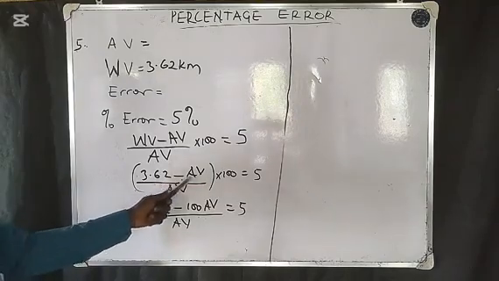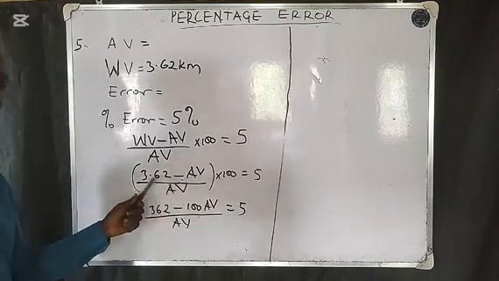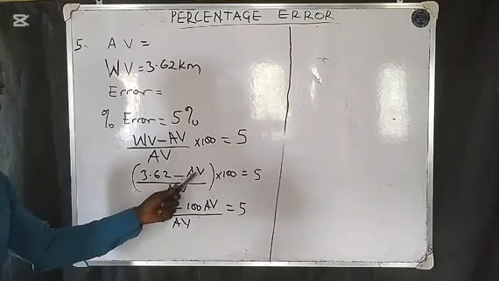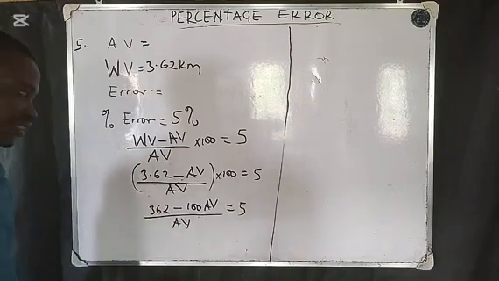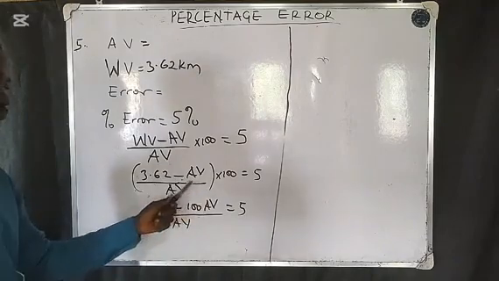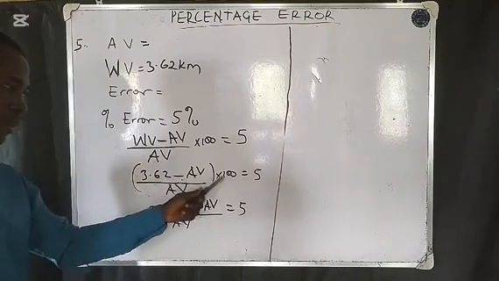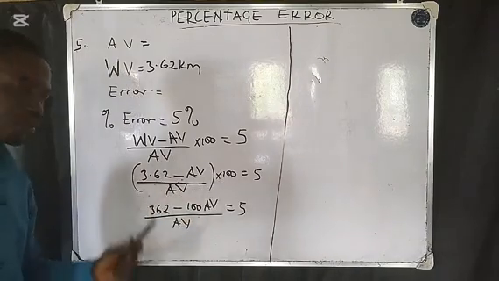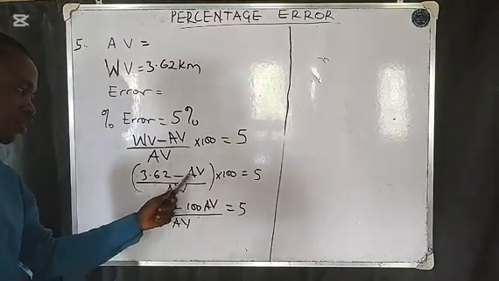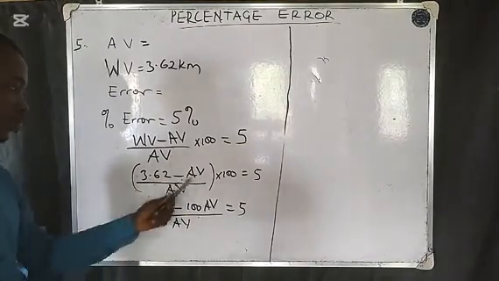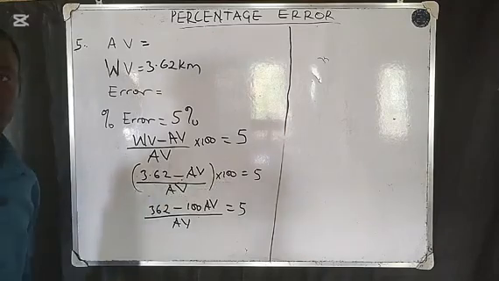You can't take one hand and leave the other hand, right? This minus this, you don't know the error, so you cannot just pick this one or that one. The two must be multiplied by 100. Is that okay?